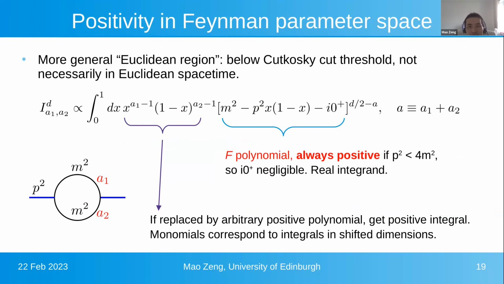Okay, and as I previously covered the case that the external momentum is essentially Euclidean, p squared smaller than 0. But actually, I can slightly extend the applicability of my method. I can get to any value of p squared smaller than 4m squared, as long as I'm below the Cutkosky cut threshold.